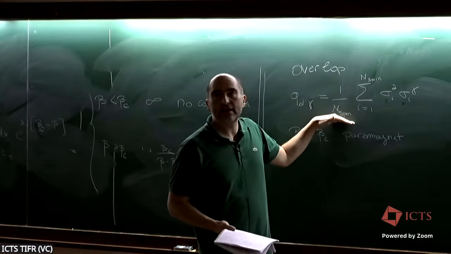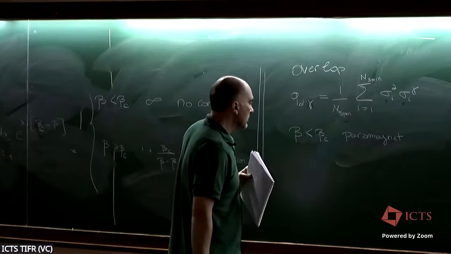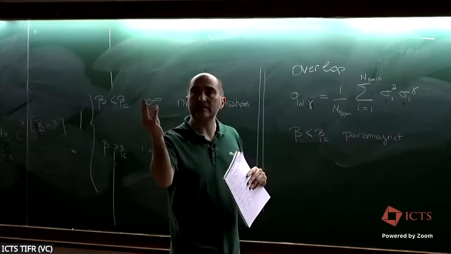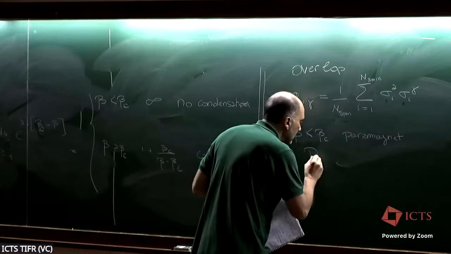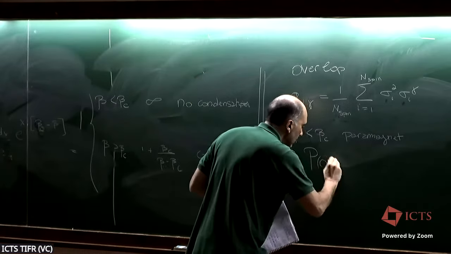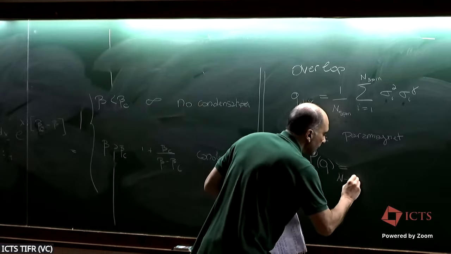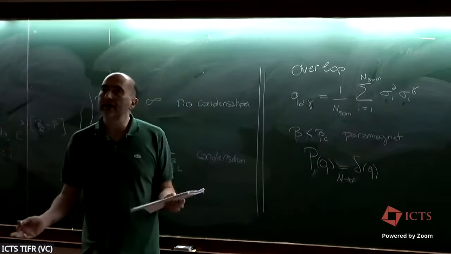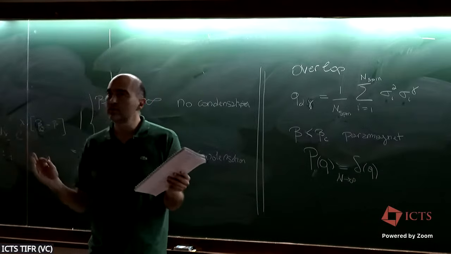Divided by n, it will be 0 in the limit n goes to infinity, okay? So you can play this game of picking configurations from the Gibbs ensemble and computing the overlap between them, and what you will see is that P of Q, when n goes to infinity, is delta of Q. Essentially, they are different, okay? They have a small overlap, but divided by n, it goes to 0, okay?